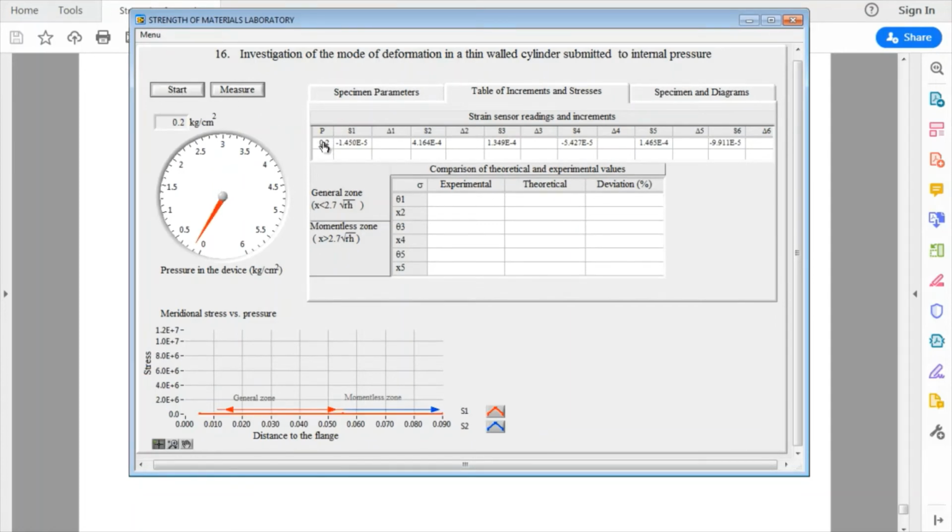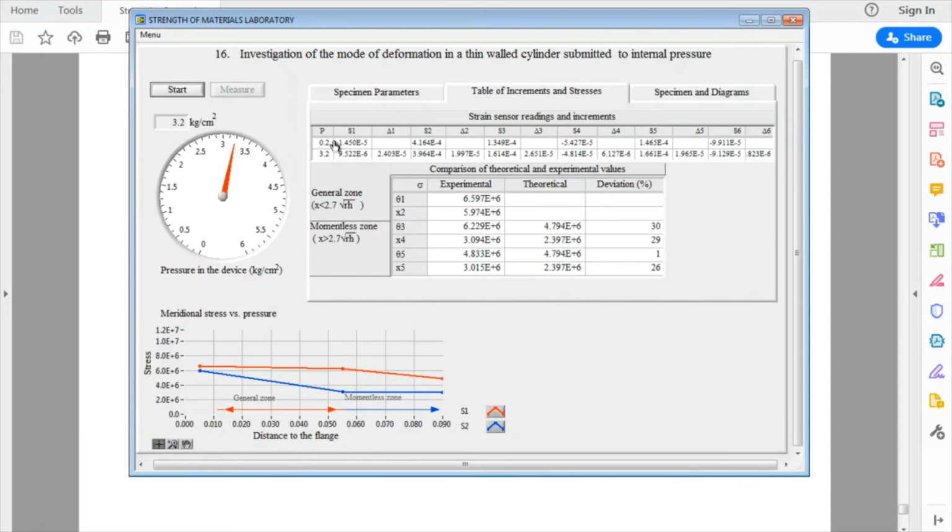So we have zero pressure now, and let me add the pressure up to 3. So almost we added the pressure to 3, and now we can measure. So these are the two pressures, one is 0, the initial one, and the other one is 3.